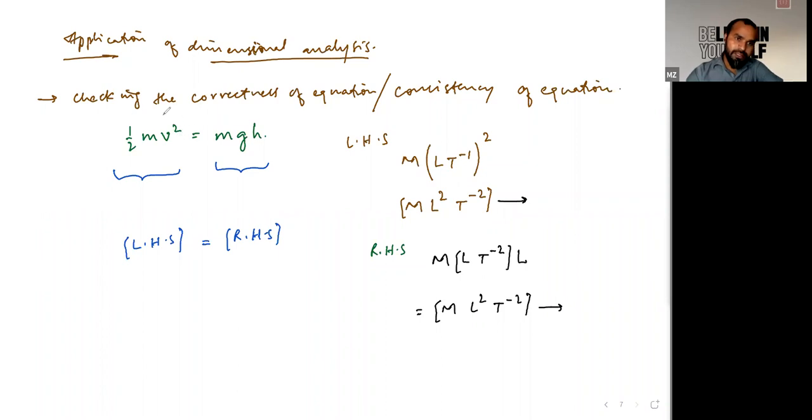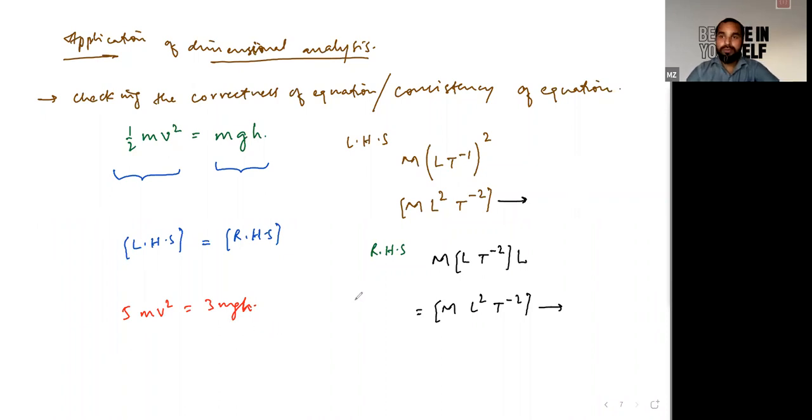Suppose this particular term is kinetic energy, and this is potential energy. If I change the coefficients, like if I give you 5 times mv square and 3 times mgh, would their dimensions be affected or not?